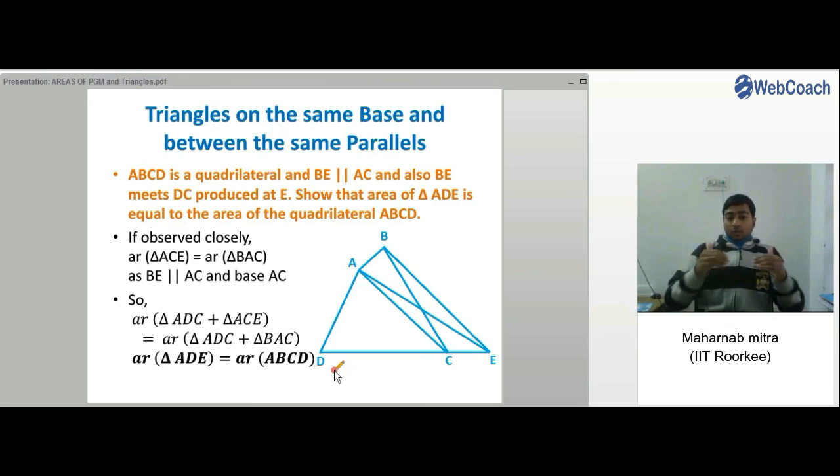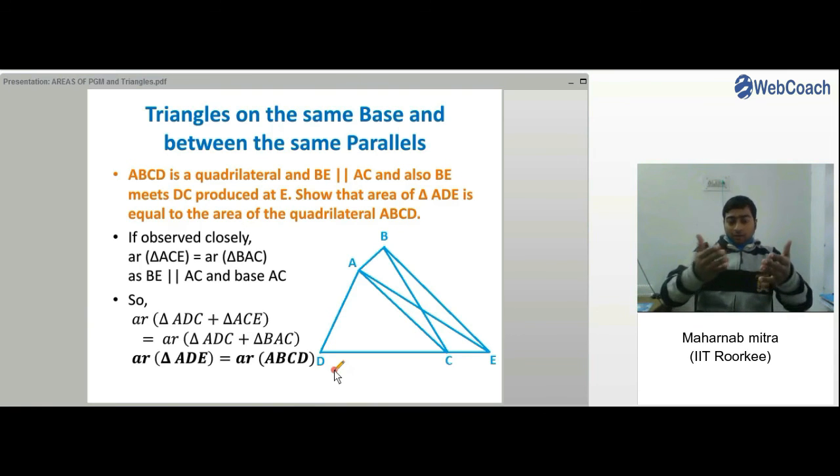So let us revise what we have done. We see that we have two parallel sides, AC and BE, and we also see that we have two triangles with a common base, AC. And what are the two triangles? Triangle ACE and triangle BAC. Now why did we consider these triangles only?